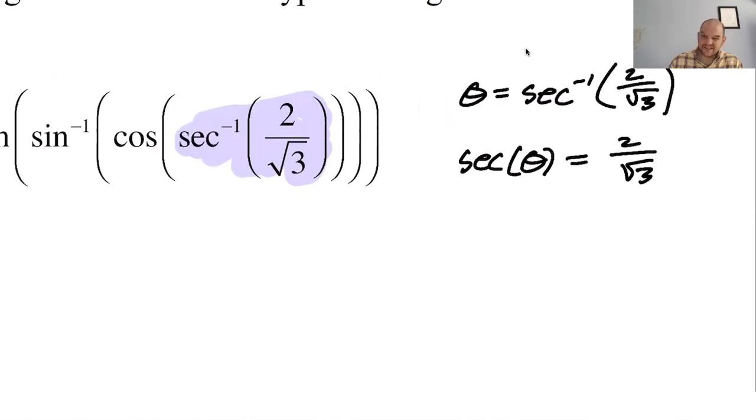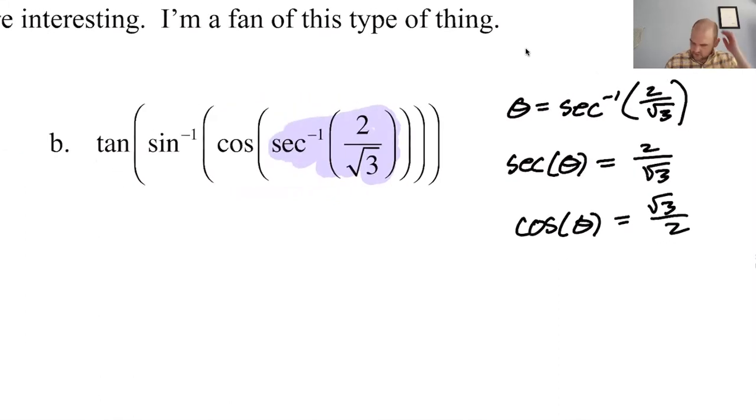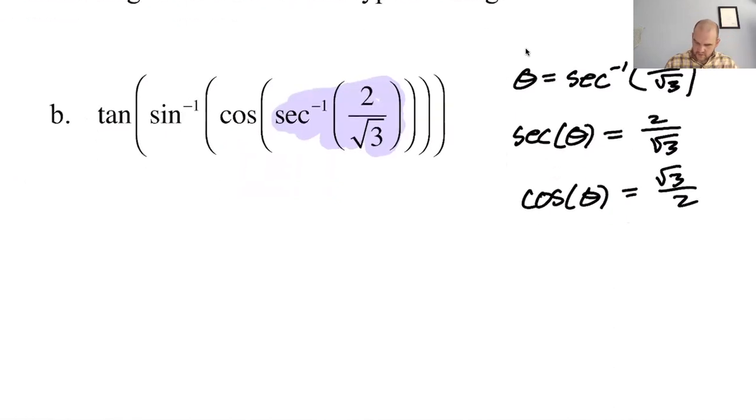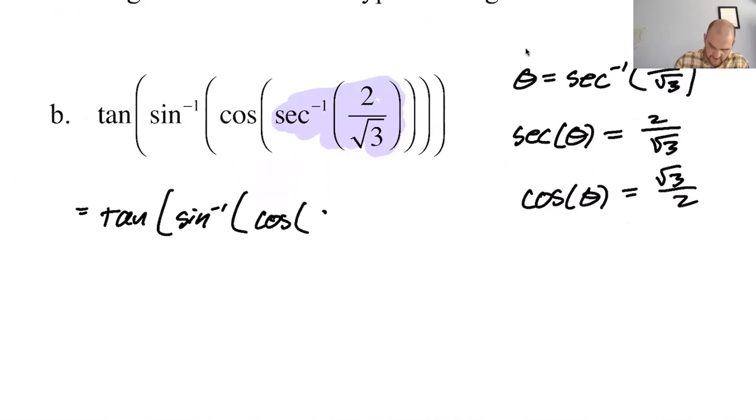Maybe you're not super familiar with that, so take the reciprocal: the cosine of theta is radical 3 over 2. So look at this question. What we're really being asked, I'm going to rewrite it: it's the tangent of the inverse sine of the cosine of theta, because that's what we made theta.